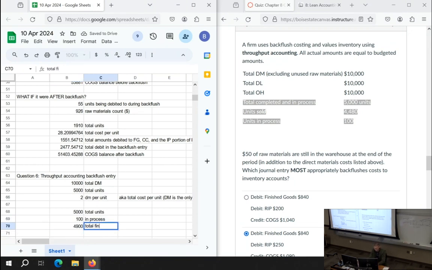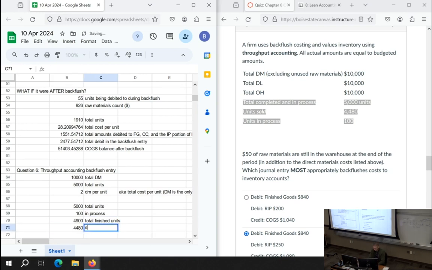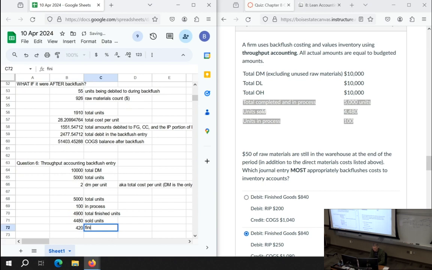These are the total finished units then, because if we're total units, and we've excluded the ones that are in process, the rest of the ones are finished. But some of those are finished and sold, 4480 specifically, sold units. And some of those are finished but unsold, or finished goods units.